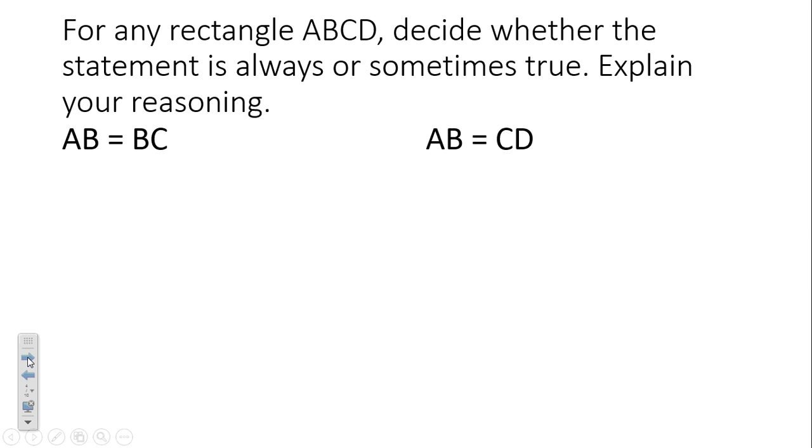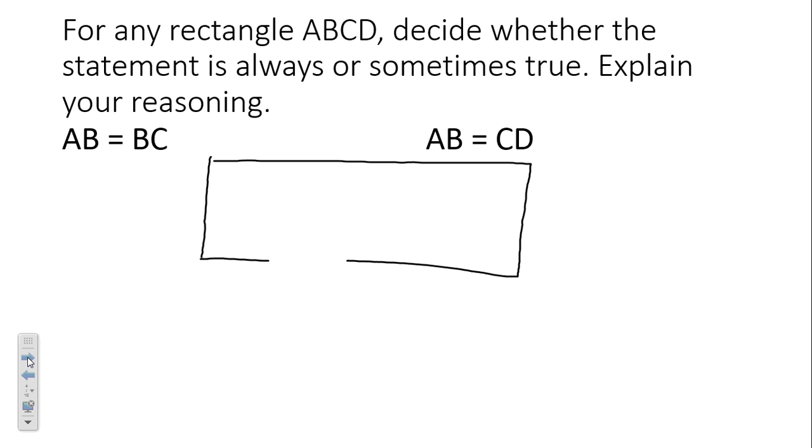So, what's the first thing I should probably do to be able to figure this out? Draw a picture. So we're going to draw a rectangle, and I'll put my 4 right angles in it, so I know it's a rectangle.